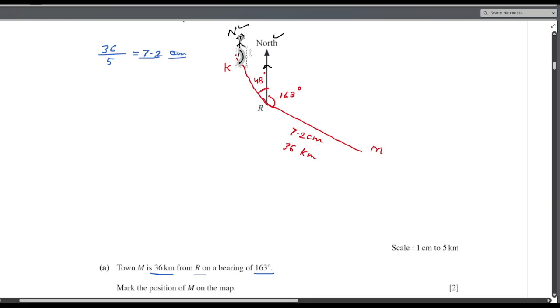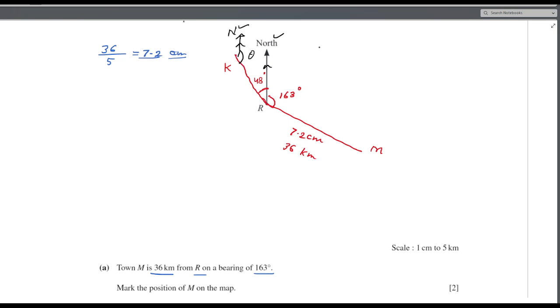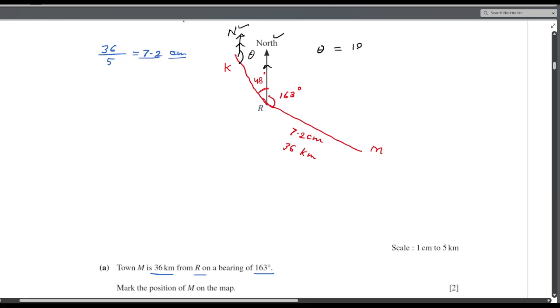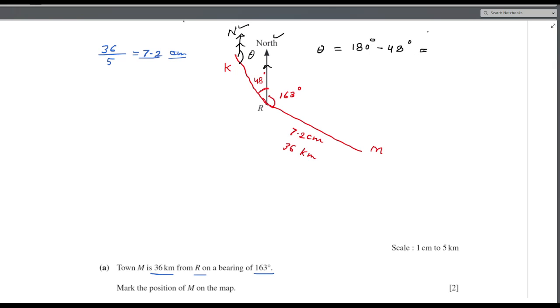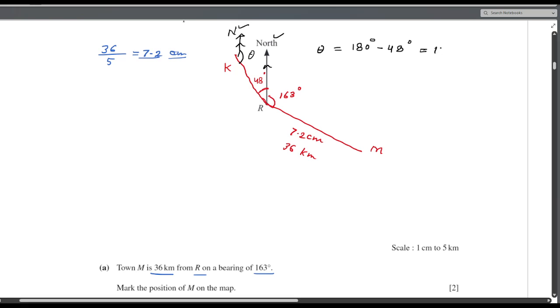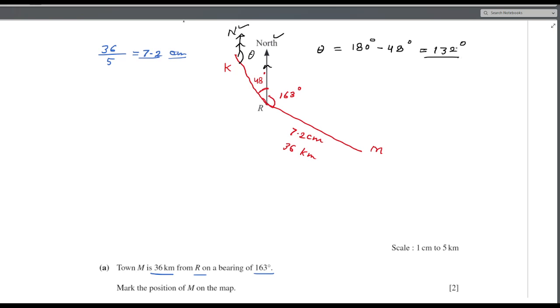Say this angle is theta. So theta will be equal to 180 degrees minus 48 degrees, which gives you 132 degrees. So 132 degrees is your answer.